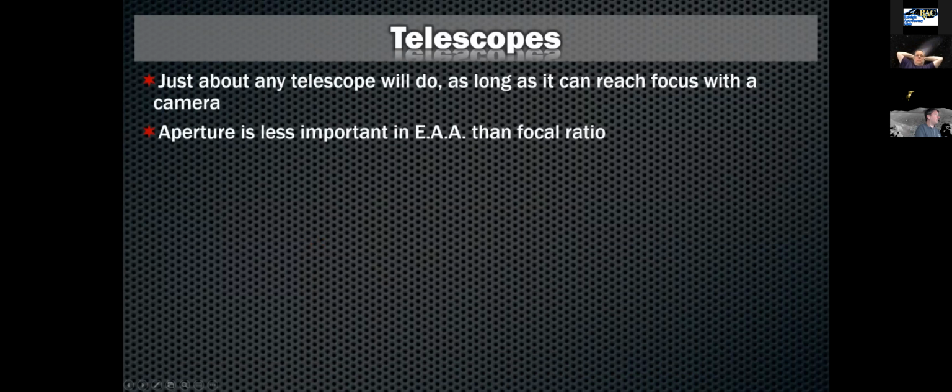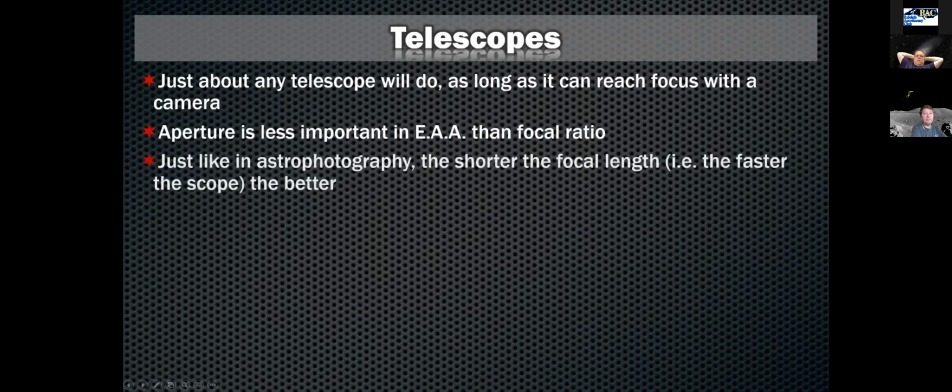Oftentimes, focal ratio is more important, and that goes back to matching your camera and what your camera can do. And just like astrophotography, the shorter the focal length, the faster you're going to be able to acquire your pictures. That also gives you a wider field of view. Unless you want to take views of planets, the shorter the focal length, the better.